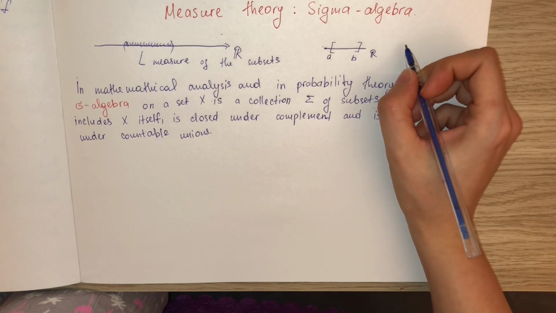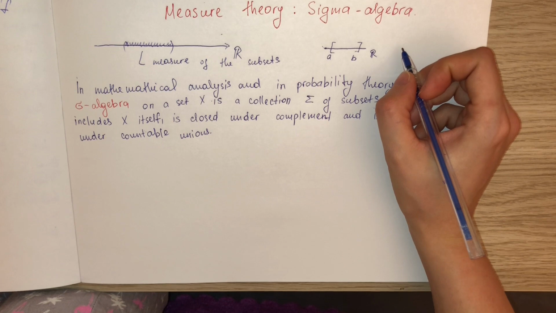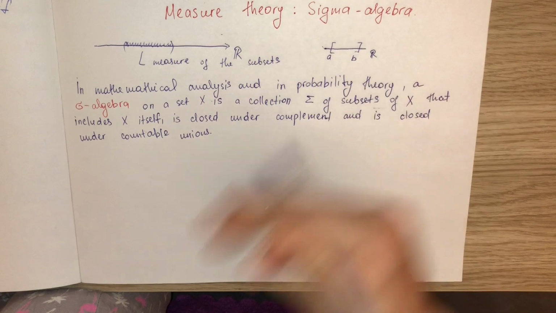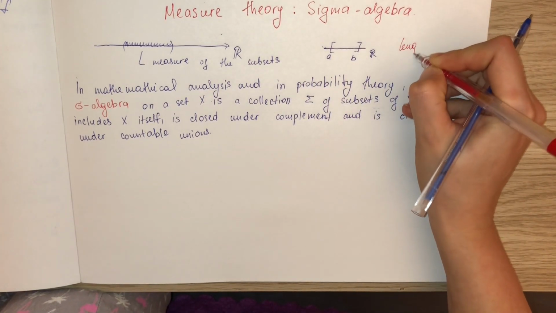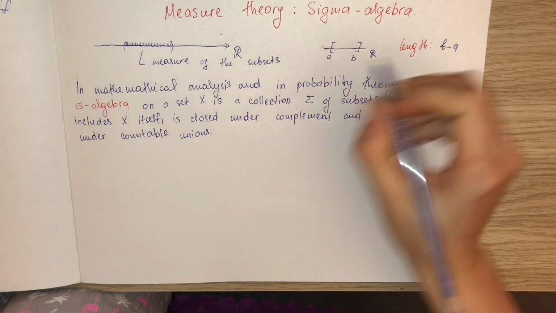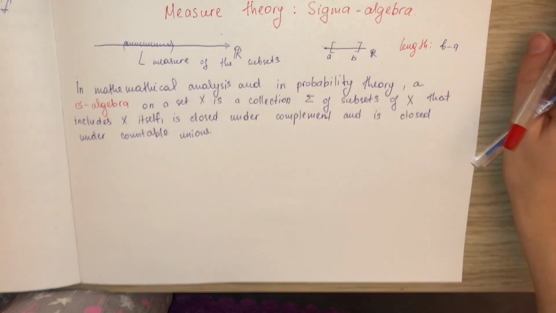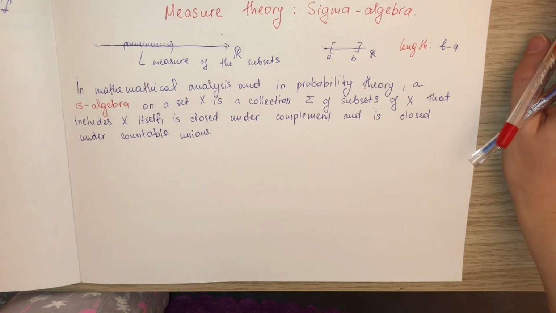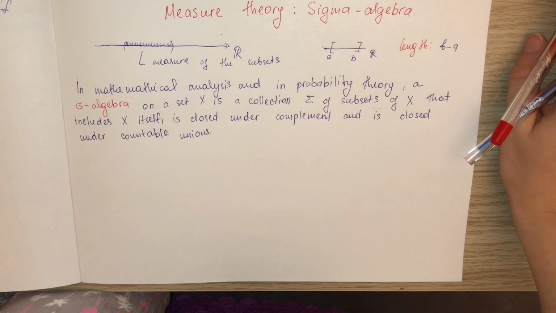The natural question is now what to do if the subset looks more complicated. So here the length is B minus A. In easy intervals, how can we then calculate the lengths? Here measure theory comes in, and maybe we also want to deal with a different notion of length.